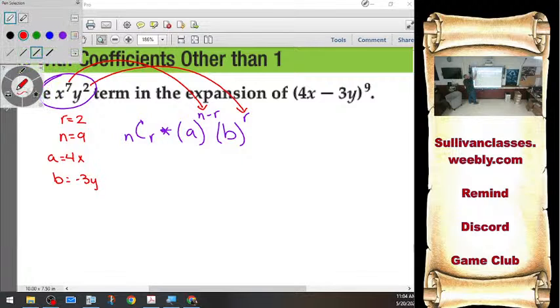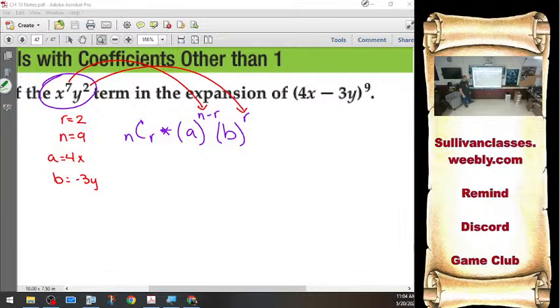Plug and chug. If you want to know that specific term, now you got a formula. 9 choose 2 times 4x to the 7th and negative 3y to the 2nd.